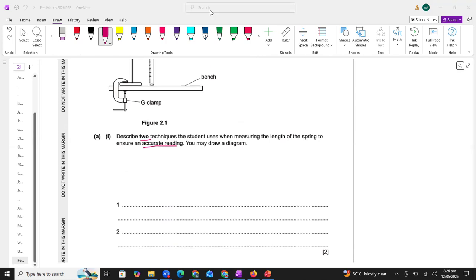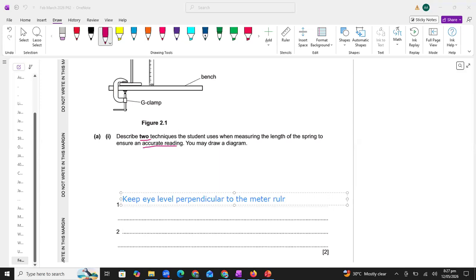All right, so I'm writing this answer here, students. Just give me 1 minute. Okay, keep eye level perpendicular to the meter rule.